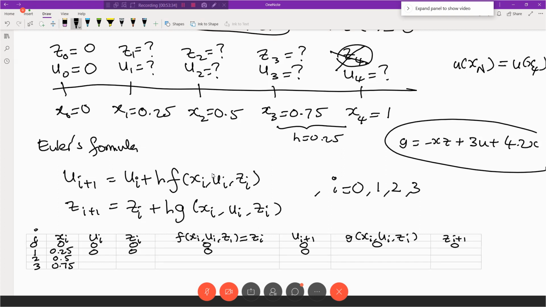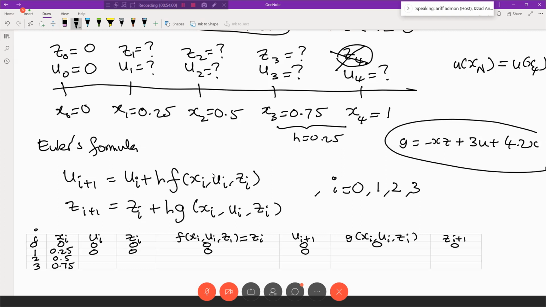Is it our g0? I don't think so, because look at here. This is x, and we have the value 0.25. But z0 is 0, and u also remains 0, but not for this one. Please calculate, because your x is 0.25 now. So your g should not be 0.